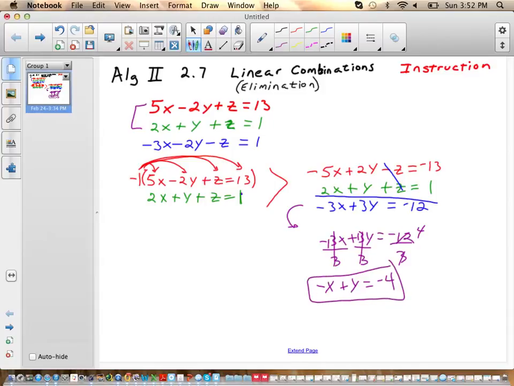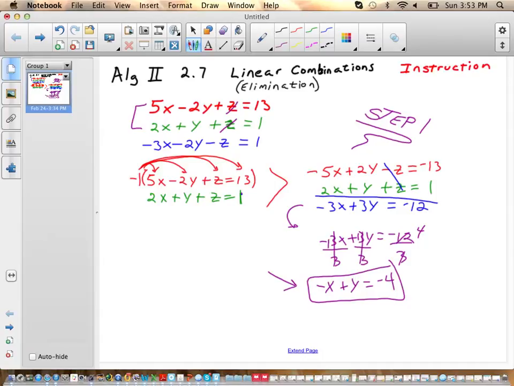Now I have undergone the first step. This whole problem was step 1. I can see that in doing this, I have eliminated the z that was in these equations, and once eliminating it, this is what I'm left with.